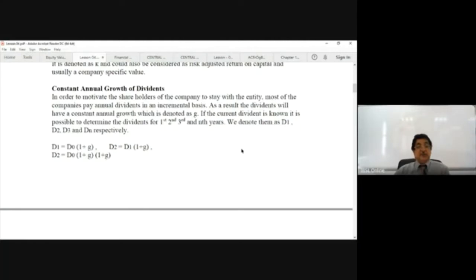Then we have another assumption, specific to each company or entity: their required rate of return, or weighted average cost of capital or something, but normally we call it the required rate of return or risk-adjusted return on capital. So these assumptions are there in our stock valuation process.